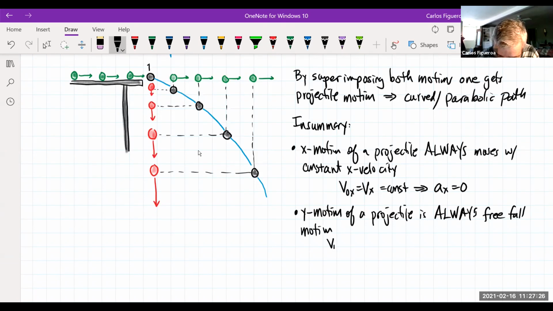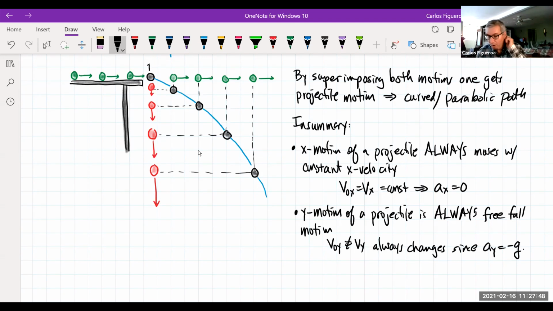That means that the velocity in the y direction is always changing, since a_y is minus g. So I'm always getting the change in the velocity here.